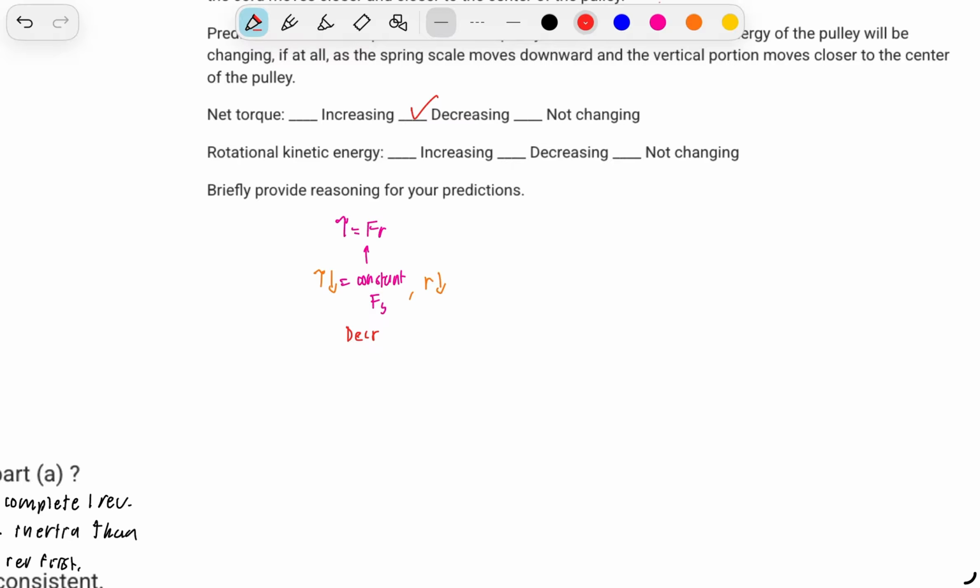Now, what about looking at our rotational kinetic energy? So K rotational is equal to 1/2 I omega squared. The force from the spring scale, Fs, continues to do positive work on the pulley.